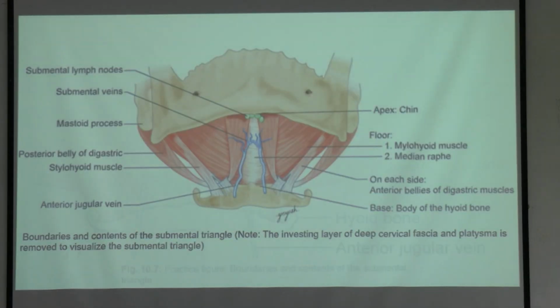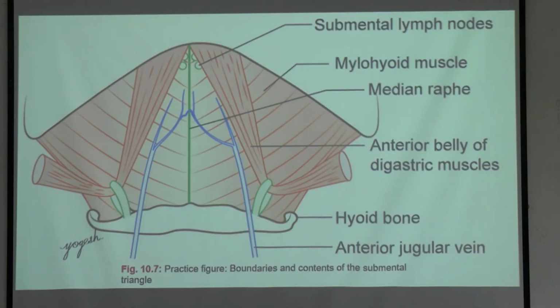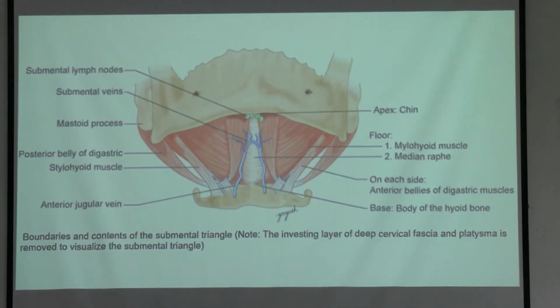Which is not visible here, which supplies the mylohyoid muscle, which is called nerve to mylohyoid, which is not visible in this figure. It is coming from the mandibular nerve, a sub-branch from the mandibular nerve, which ultimately supplies this muscle and the anterior belly of the digastric muscle.